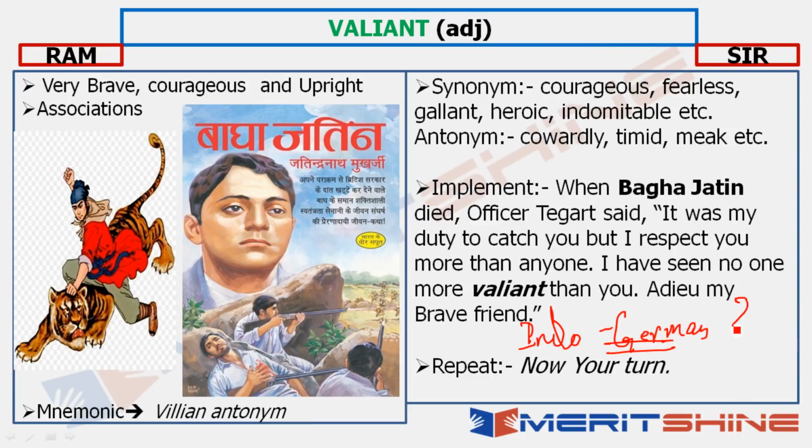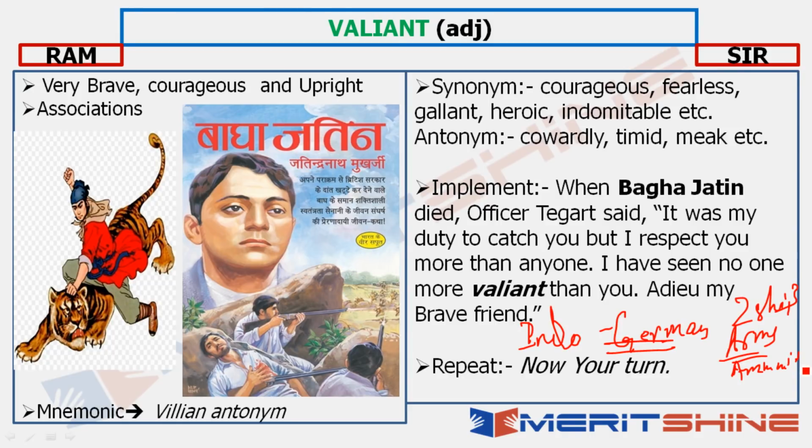They sent 2 ships laden with arms and ammunition during World War I towards Calcutta port. Not to Calcutta, but towards an Odisha port. Not to the port also, towards the seashore of Odisha. And Bagha Jatin was to take it and distribute it among the people there, and the Indian army men who wanted to revolt against the British Empire.